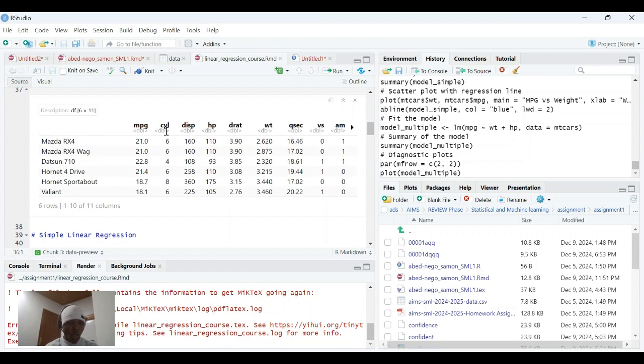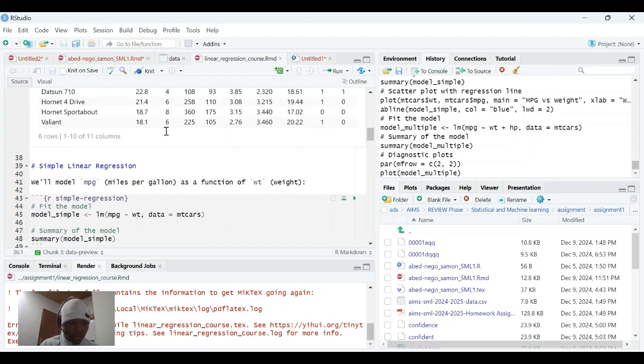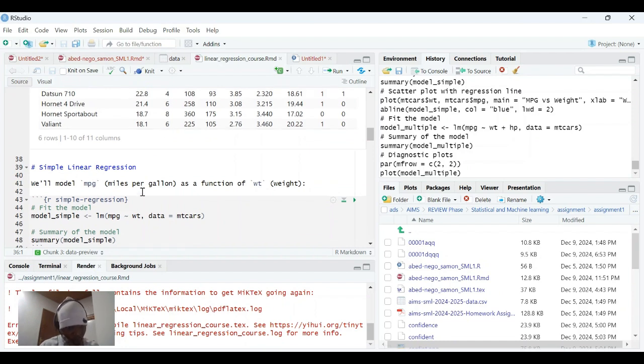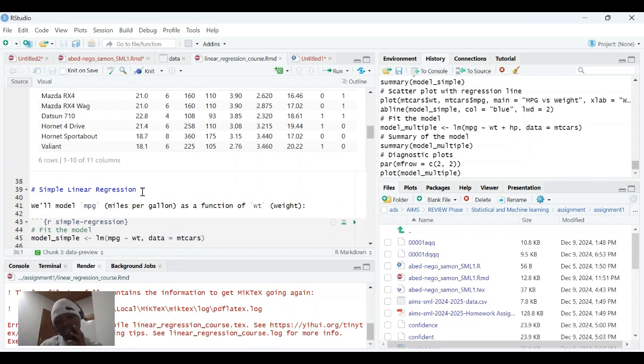That means we choose two columns, one for y and the second one for x, then see how x explains our y variable. In the next step we will see what our y is and what our x is. We're going to model mpg, which is miles per gallon, as a function of wt.